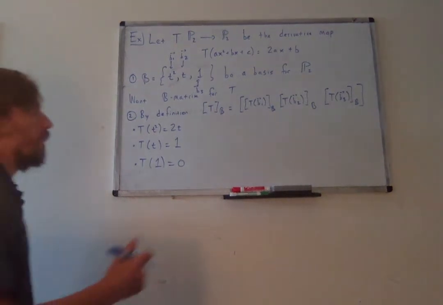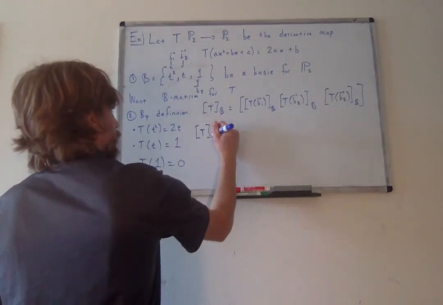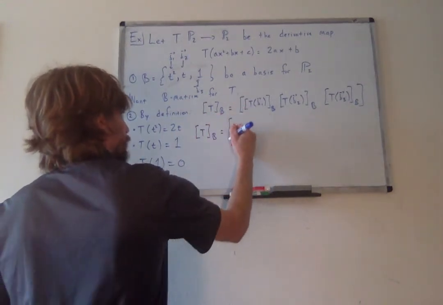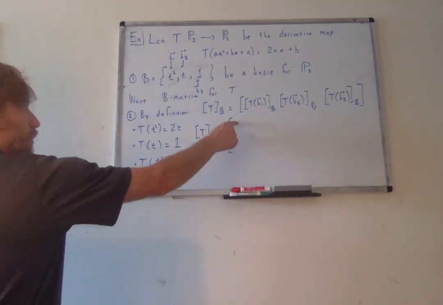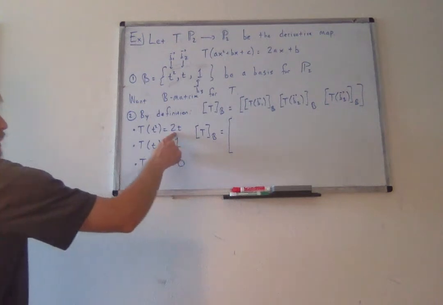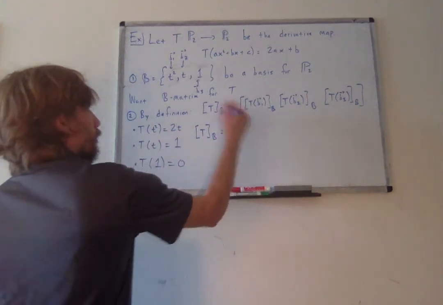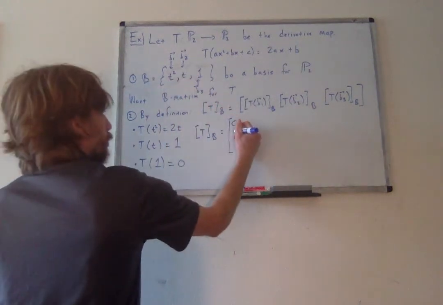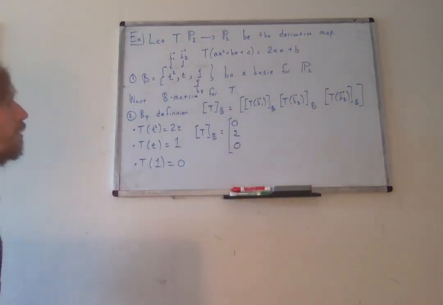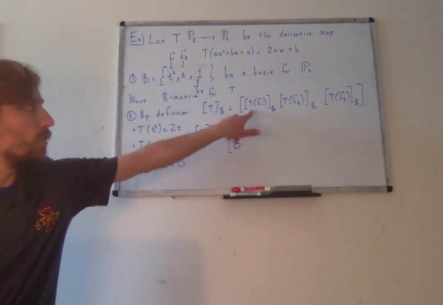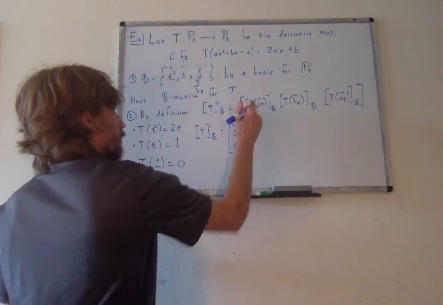And so again, we want the B coordinate representations. So I want the vector of length 3 that represents 2t. Well, 2t is equal to 0 times t squared plus 2 times t plus 0 times 1, and that's what this vector is encoding. So that's that.